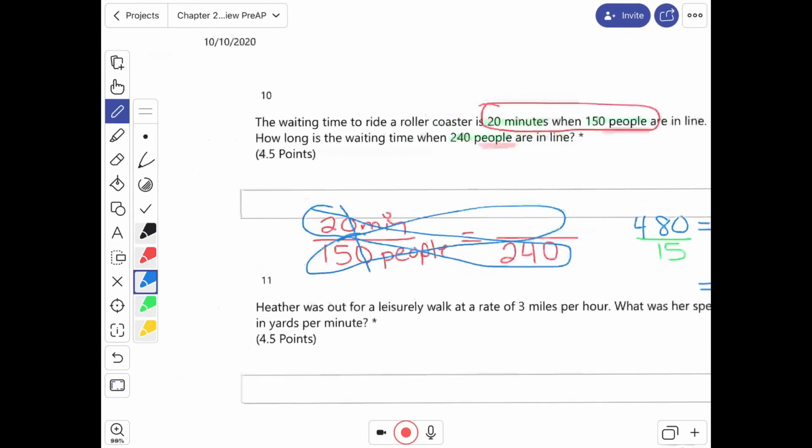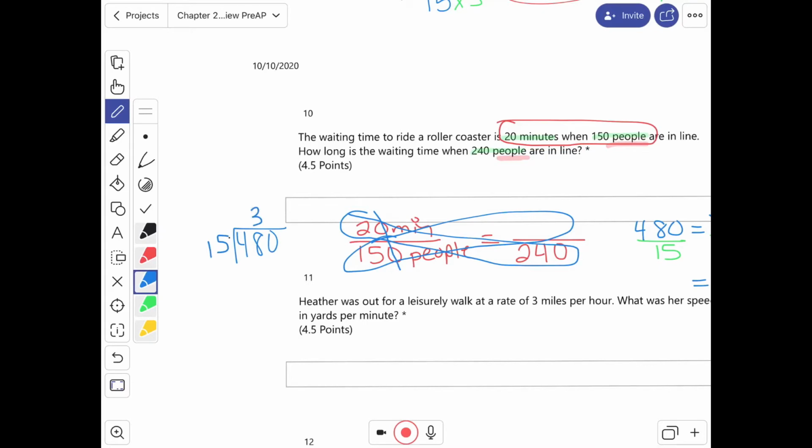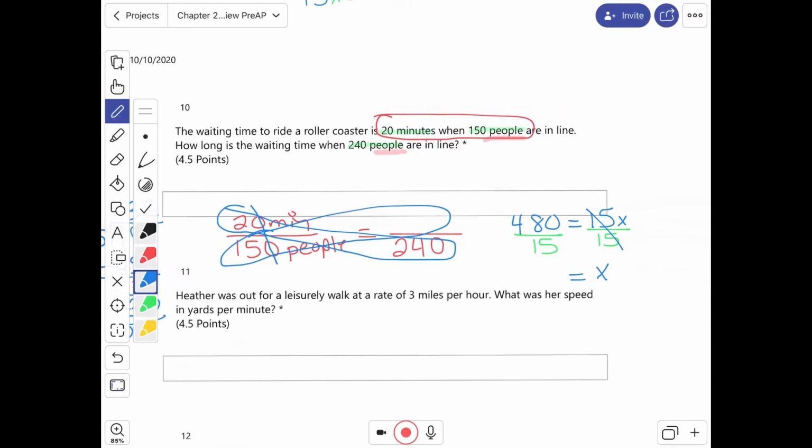And then I need to work out that problem there. 480 divided by 15. 15 goes into 48 3 times, because 3 times 15 is 45, with 3 left over. 15 goes into 30 twice, with nothing left over. So my missing number is 32. 32 is my answer.